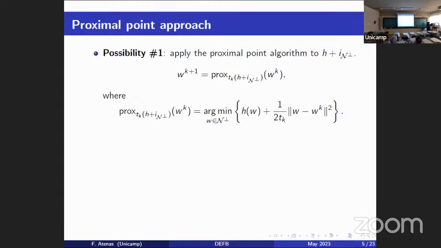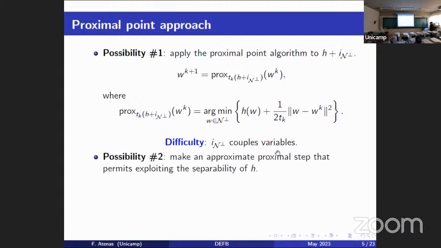But the difficulty is that we are not using the separability of h because we still have the coupling constraints. So even though we obtain convergence, we are not using the structure of the problem to enhance it. So one option, for example, is to approximate the indicator, or use a model of the indicator, because that's the problematic constraint, the one that is coupling back all the variables.